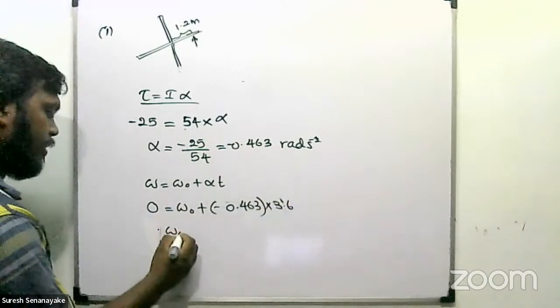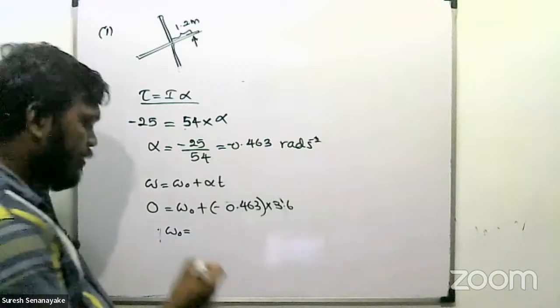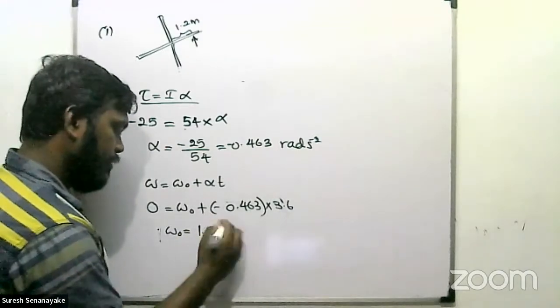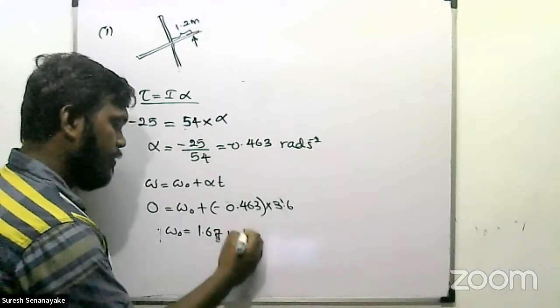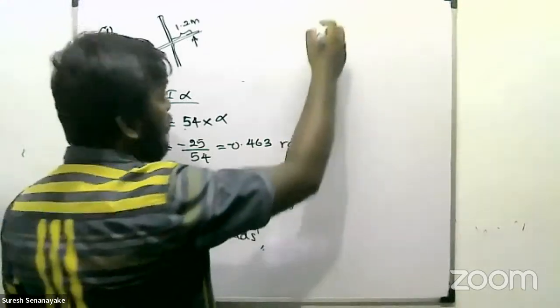Then the omega naught you can find using this. That shall be 1.667 radians per second. And then you can find the theta.